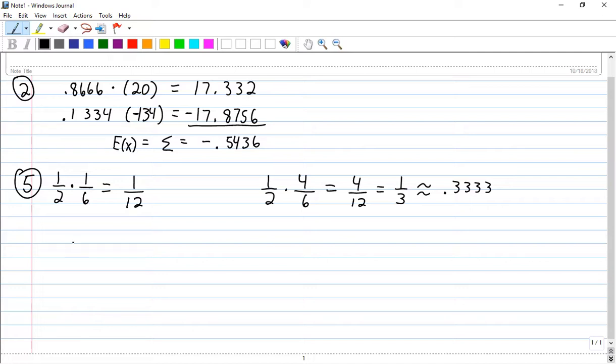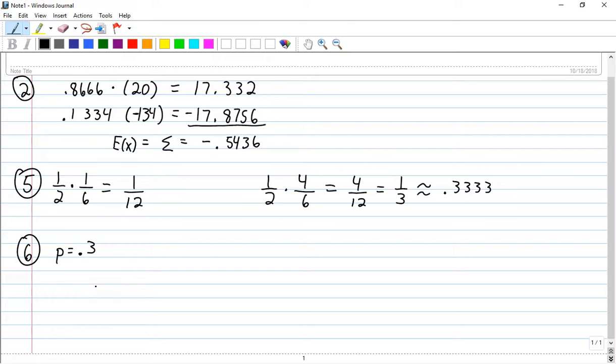But for this problem, remember, we had 11 total insects, and the probability that one of those is going to survive is 30%, or 0.3.